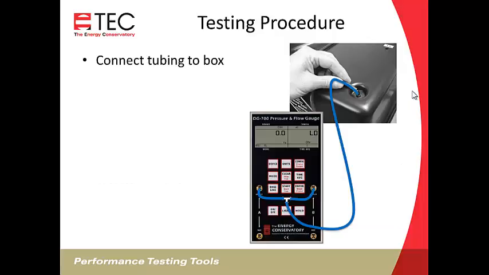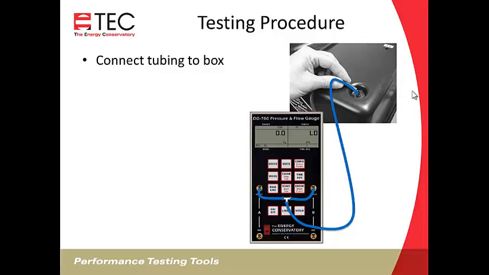You'll connect the tubing to the box. The way I like to do it is to use that T connection. If you've got a blower door or a duct blaster system, that came with a T connection with 2 short pieces of tubing on it. And what that allows you to do is connect those 2 short pieces of tubing to the input on channel A and B, and it'll be displaying the pressure on that flow box on both channels.